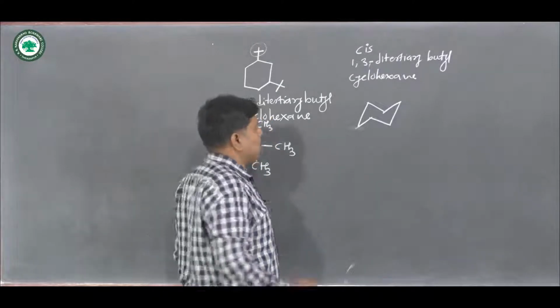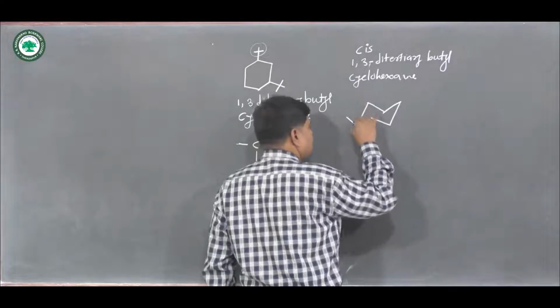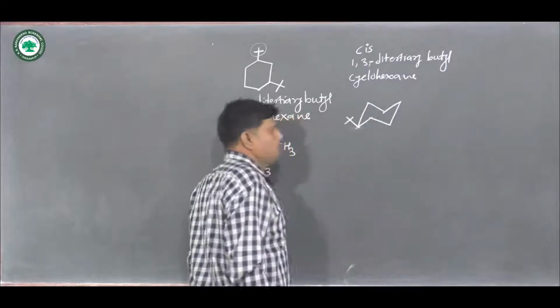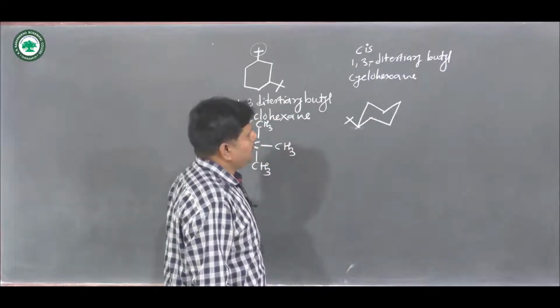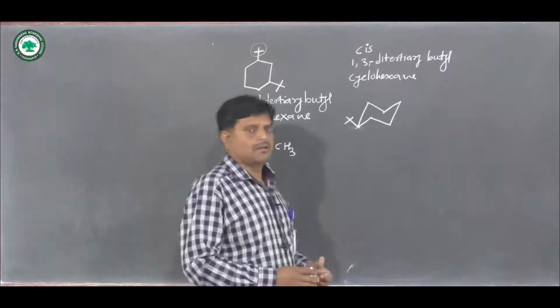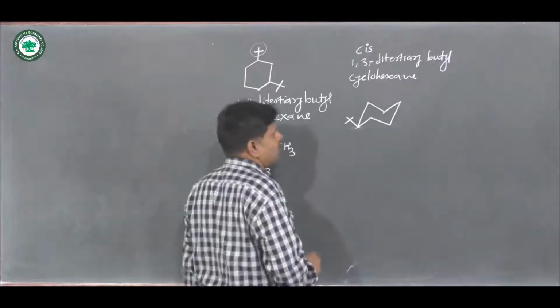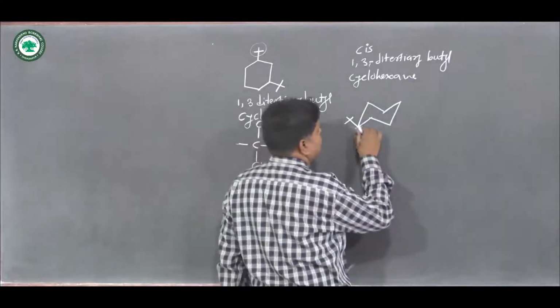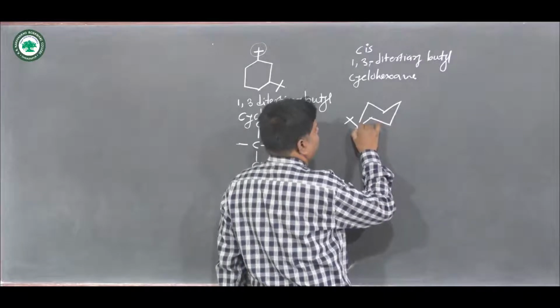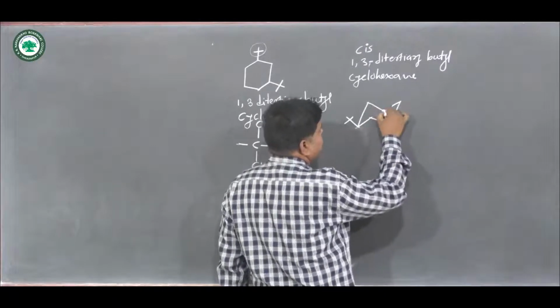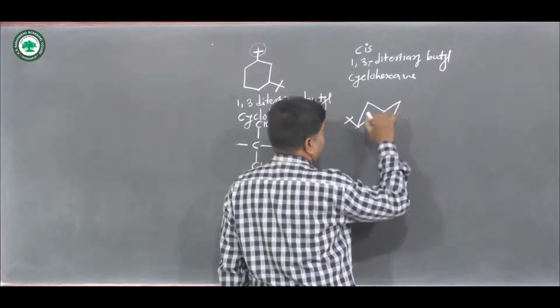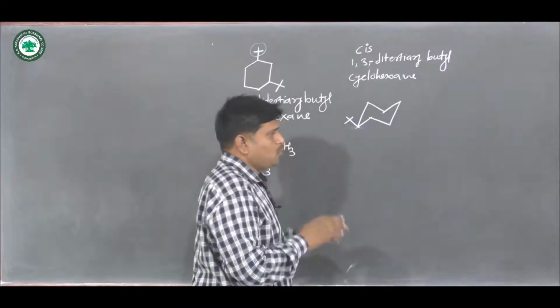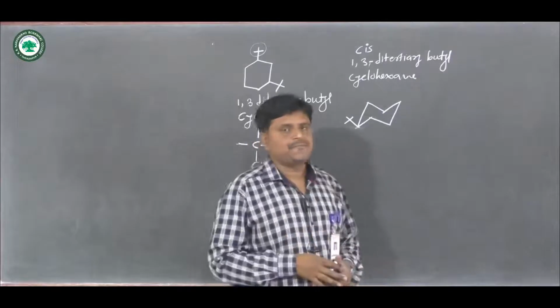So first we place the first tertiary butyl group at this position, and for the third position, suppose this is first, second and third, it can be placed at the cis position, meaning both groups are on the same side.